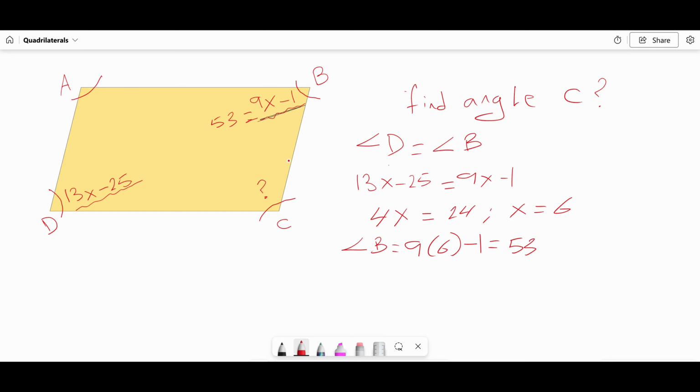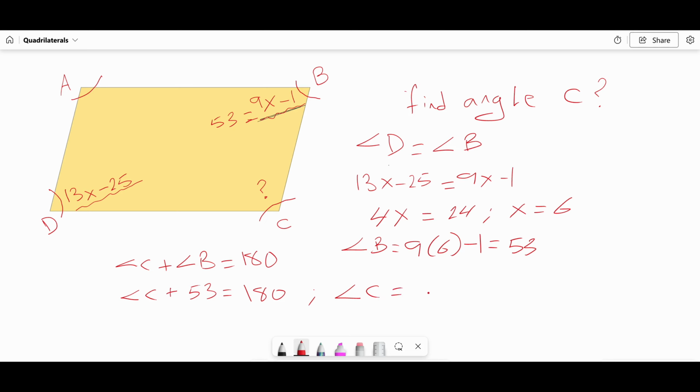We know also from the properties of parallelograms that angles that are on the same side are supplementary. For example, angle C and angle B are supplementary angles, meaning that they add up to 180. Angle C plus angle B should be equal to 180. So angle C plus angle B that we just found, 53, is equal to 180.